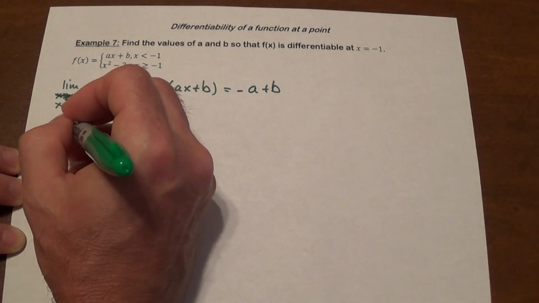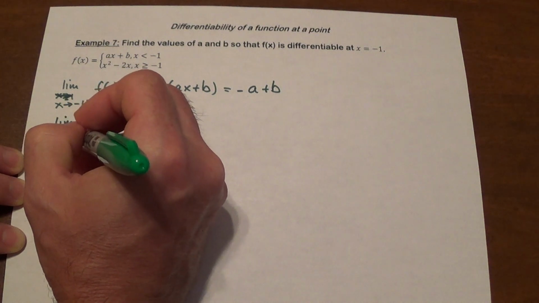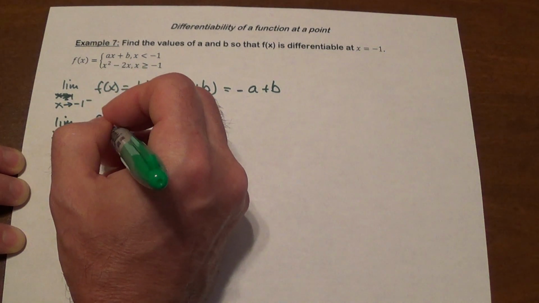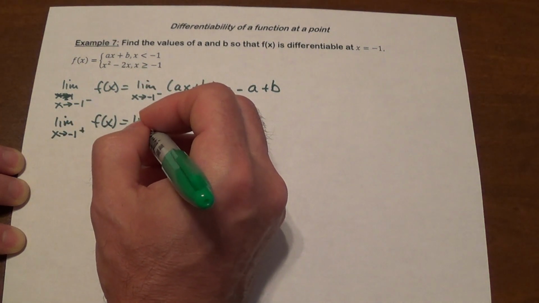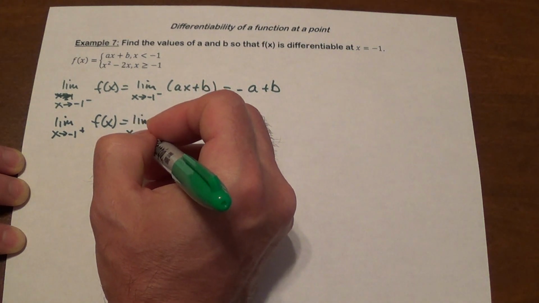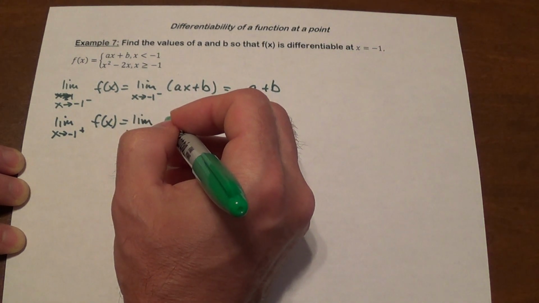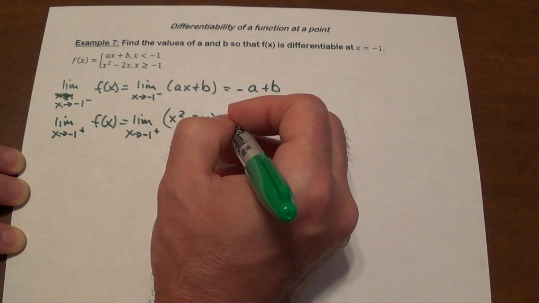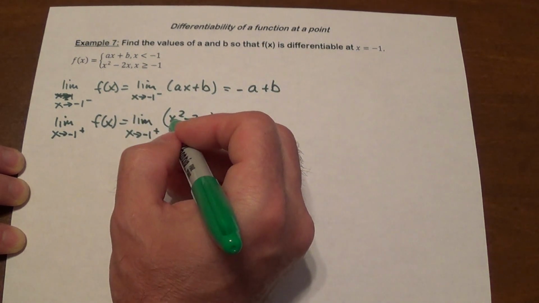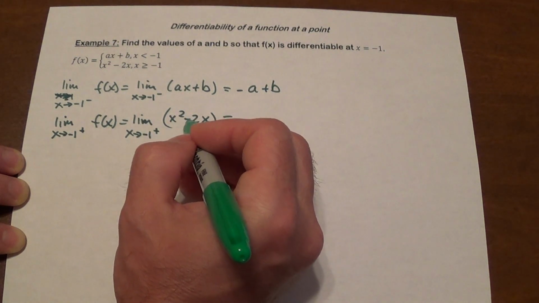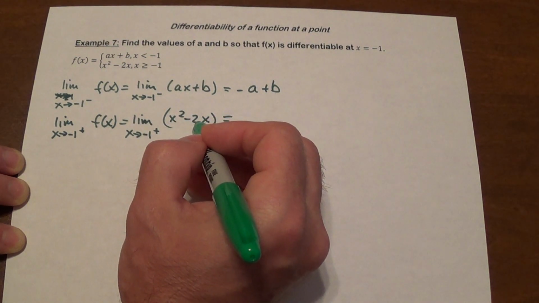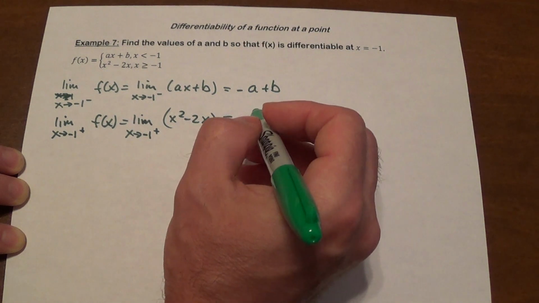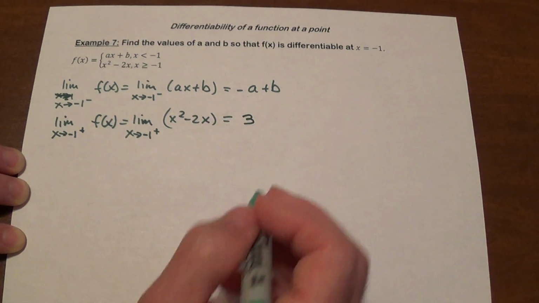And then the limit as x approaches negative 1 from the right of f of x is going to be the limit as x approaches negative 1 from the right of the second expression, which is x squared minus 2x. And we substitute negative 1 here, so negative 1 squared is 1, minus 2 times negative 1, so it's plus 2, and it's going to give you 3.